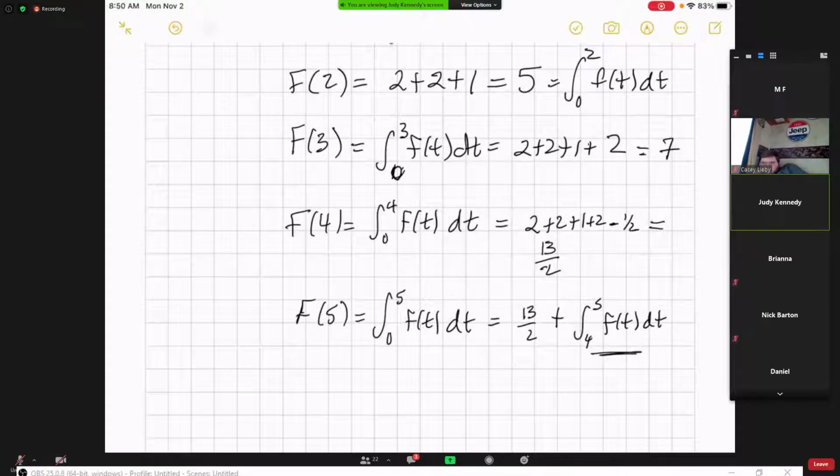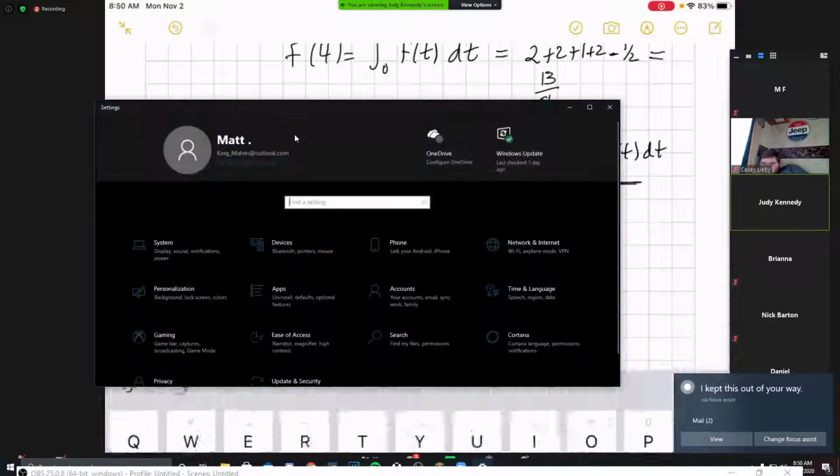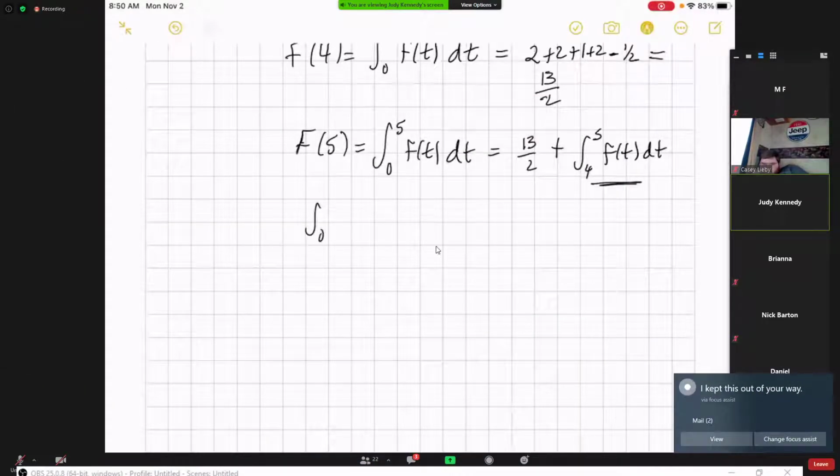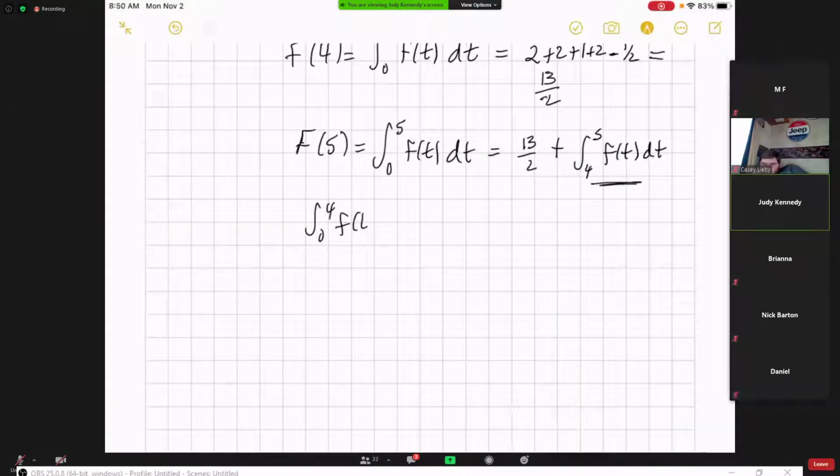Break the region up. So this is the integral from 0 to 4 of f of t dt plus the integral from 4 to 5 of f of t dt. And we already computed that, so we just need to compute that.